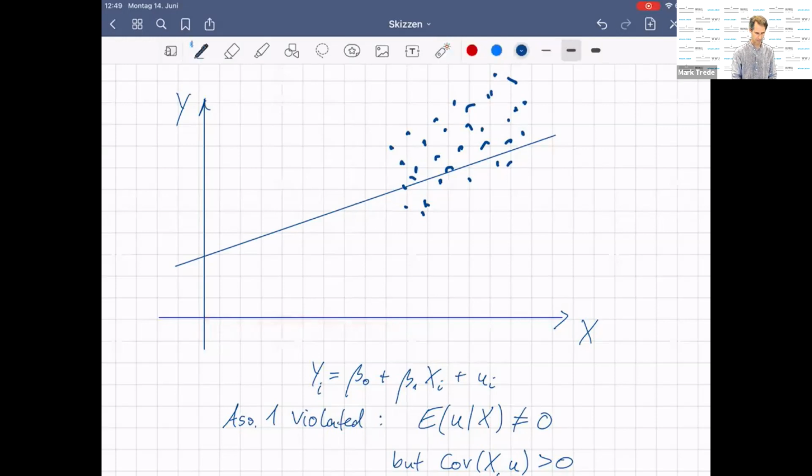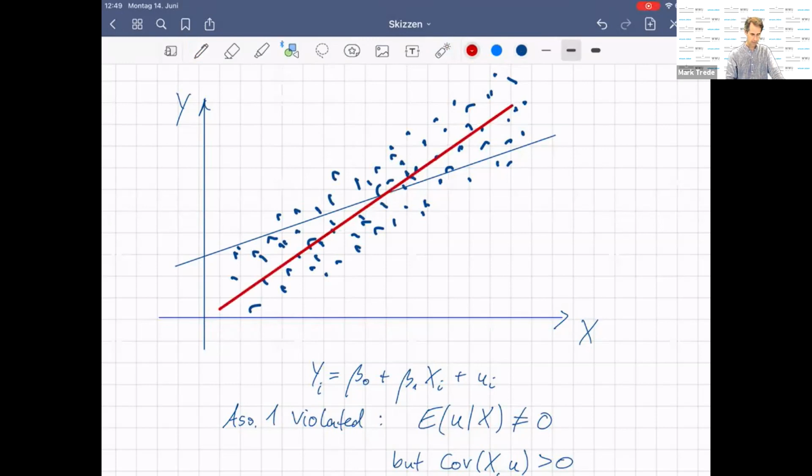So let's put some dots in here. So this would be the cloud of points if we have a correlation between X and U. In this case, a positive correlation. And I think it's obvious that in this case, the regression line that you estimate would look something like this. So this is the estimated regression line.